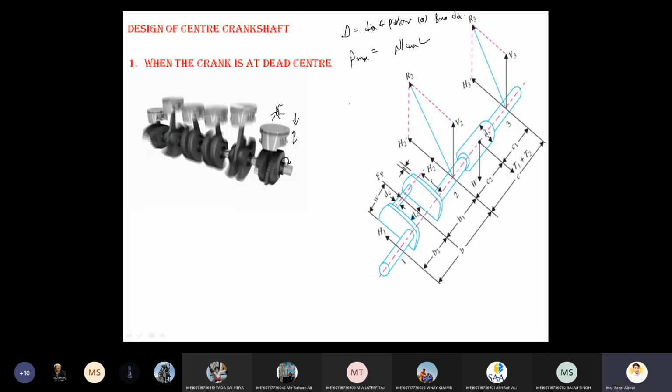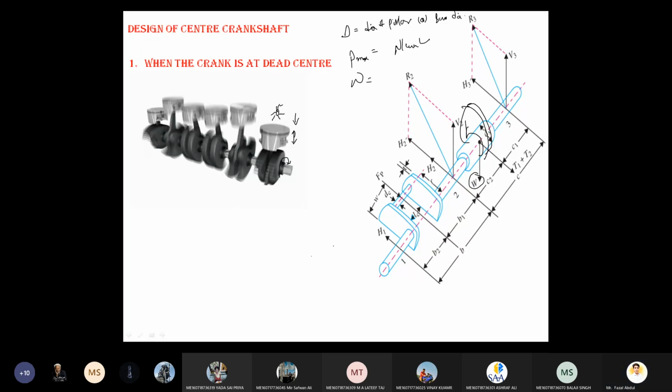And capital W is acting at this position due to the flywheel. Capital W is nothing but the weight of the flywheel, acting vertically downwards, as you can see in the figure.